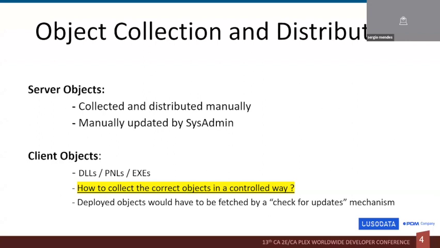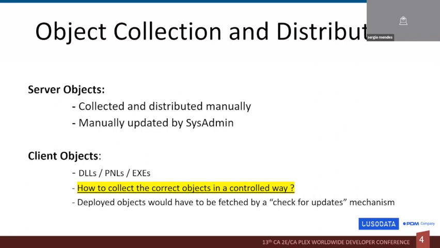Client objects are a little trickier to deploy, but that's not the point here. The point is, how do I collect the correct objects that I'm building with my CA Plex, and how do I avoid the mistakes that usually happen?